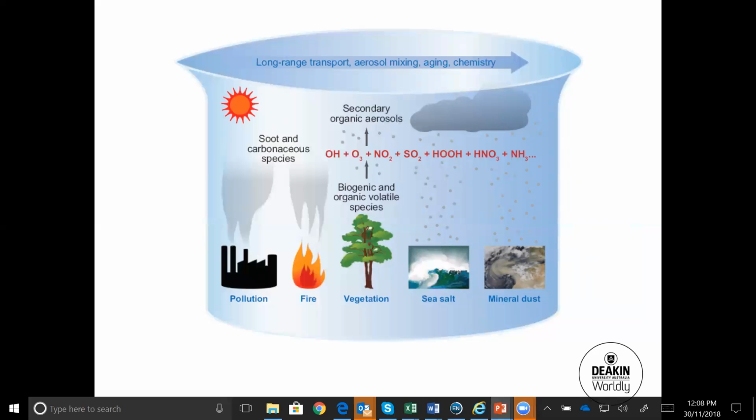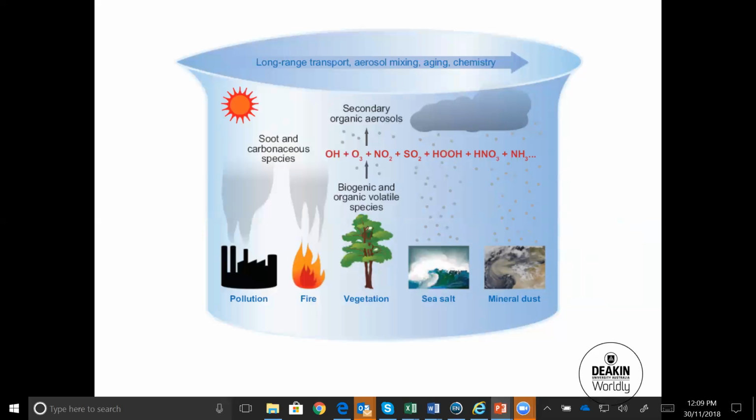We have atmospheric pollution coming out from primary sources, which can be mobile or stationary combustion sources, and mainly we get different volatile organic compounds and soot. We have natural sources of pollution like bushfires, vegetation, sea salt, mineral dust.